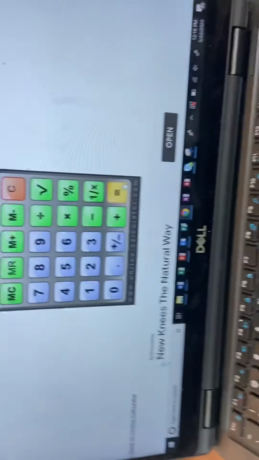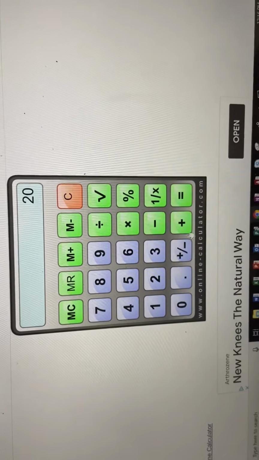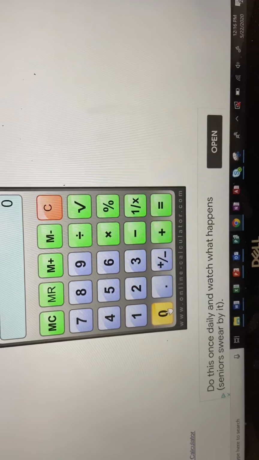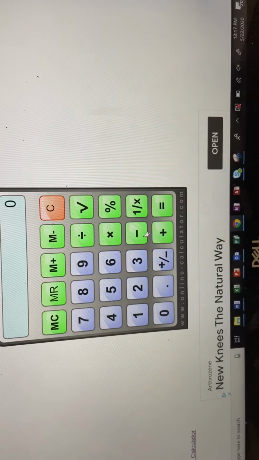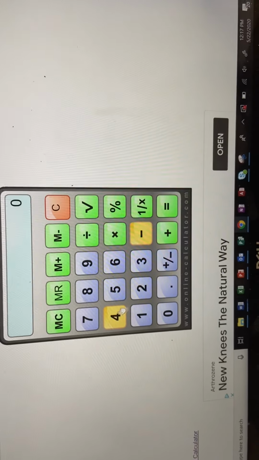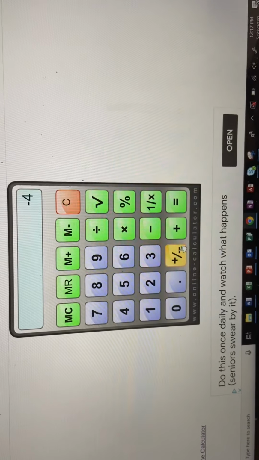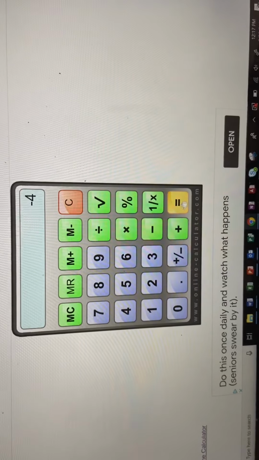We can use our calculator, or if you know your integer rules, I'm going to go 0 minus, with this calculator you have to put the 4 and then the negative, minus negative 4 equals positive 4.